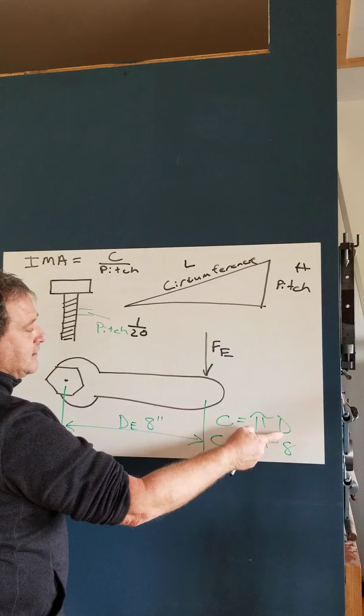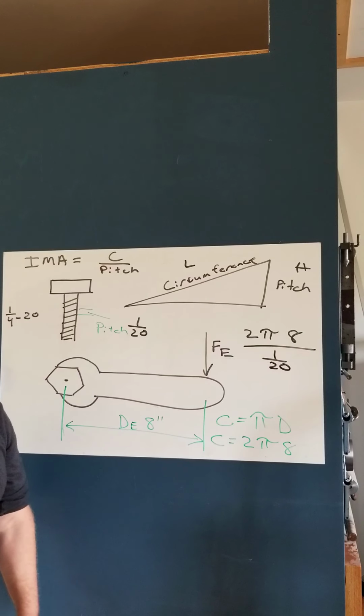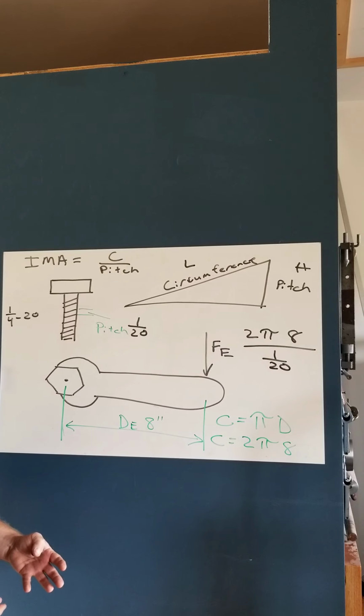Circumference divided by pitch is going to equal the IMA. So it becomes circumference, which is 2 pi times 8, divided by 1/20. You solve for that, and that gets you the IMA.